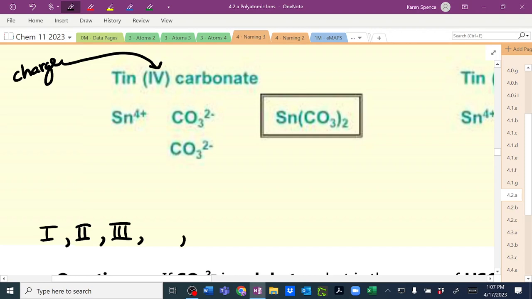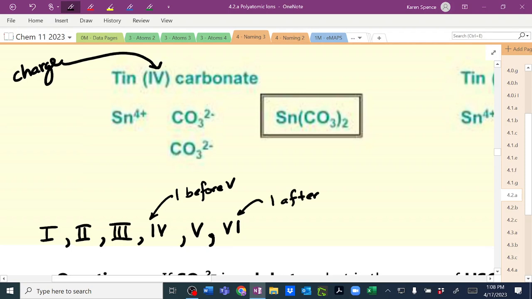If you know 5, then you actually know 4 and 6, because 4 is 1 before 5, and 6 is 1 after 5.